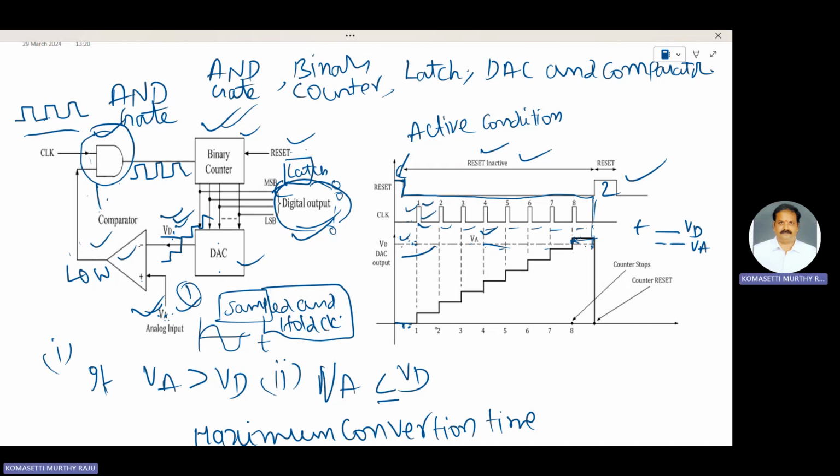At the second point, again VA is greater than VD. Therefore, the comparator output is 1 and the AND gate allows the second clock pulse.